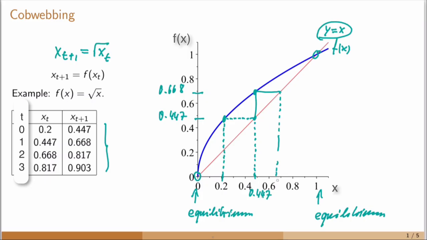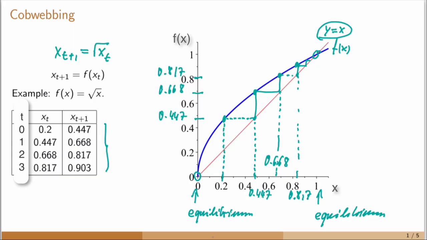So then here is 0.668. Then I go to the function again to get the next value, which is 0.817. And I mirror this on the diagonal to get the value on the x-axis, 0.817. And I do it one more time and get the next point, and go to the diagonal, and go to the function, and go to the diagonal. So I get a step ladder picture of the points of my iteration.